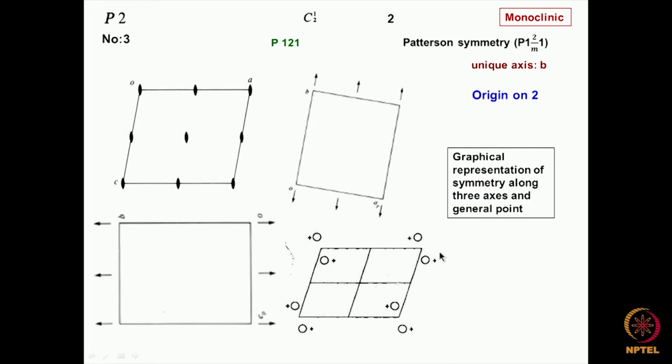So on this plane, this is where at a general position a motif is being shown. In the International Tables of Crystallography, the motif is shown as an open circle, an asymmetric motif. And the plus means that since this has got only one symmetry axis, the coordinate is not fixed where to take the origin. Origin can be taken arbitrarily.